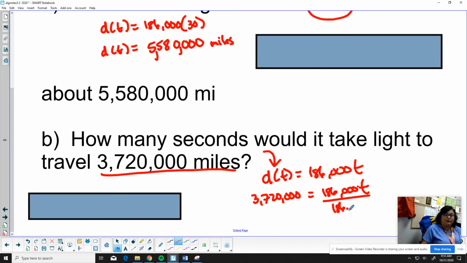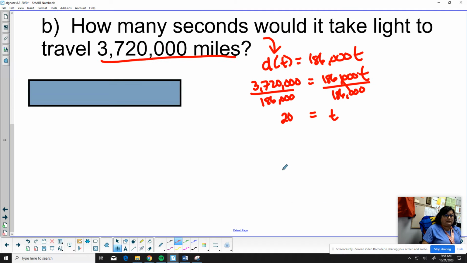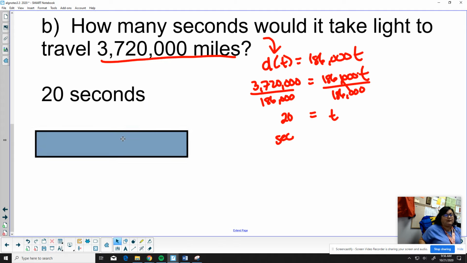So we're going to divide both sides by 186,000, and we're going to stick it in the calculator. So that would be 372 and 4 zeros divided by 186 and 3 zeros. And that gives me 20. So 20 is 20 seconds if you want to label it, although it's not necessary.